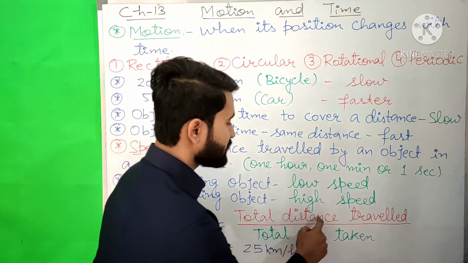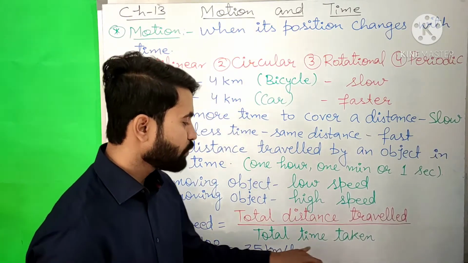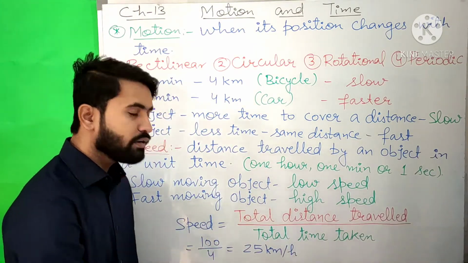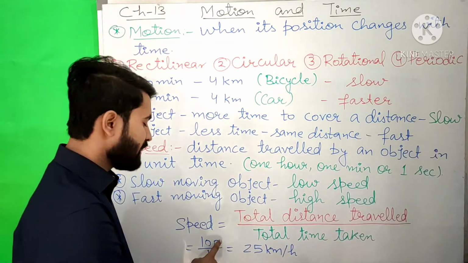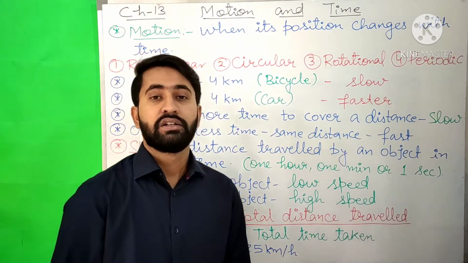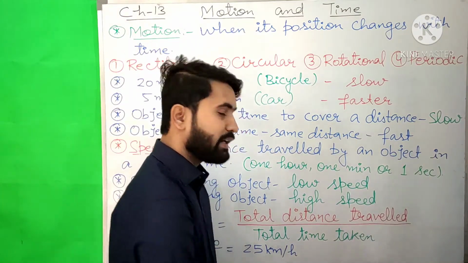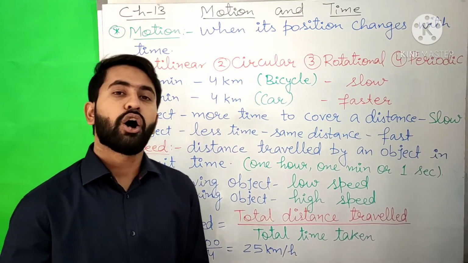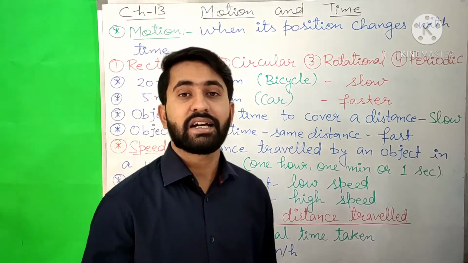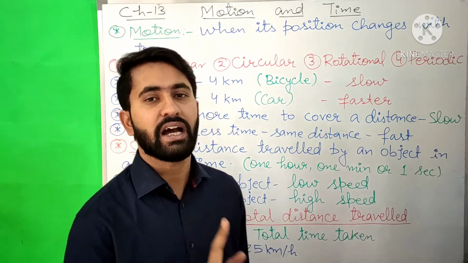Total distance traveled here is 100 kilometers, whereas the total time taken is 4 hours. So 100 upon 4. When we divide 100 by 4, we get the answer 25. So the speed of this object is 25 km per hour. Or we can also say that this object travels a distance of 25 km in every hour.